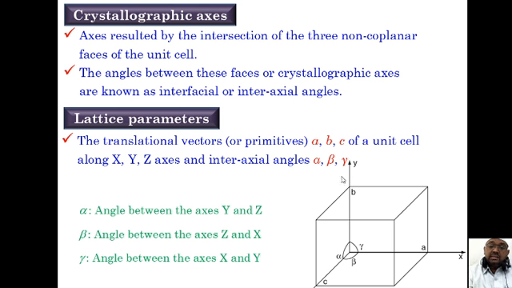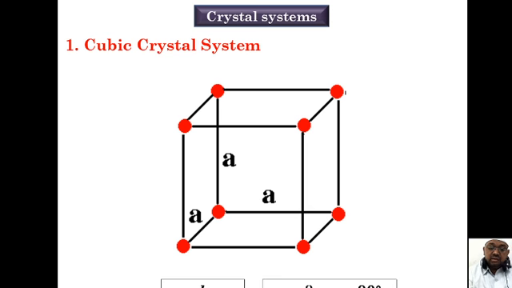By means of the relationship between a, b, c and alpha, beta, gamma, you can say whether the crystal system is cubic or tetragonal; these are the names given to the different crystal systems. In the next slide you will understand this. If a is equal to b is equal to c and alpha is equal to beta is equal to gamma is equal to 90 degrees, then the system is known as the cubic crystal system.